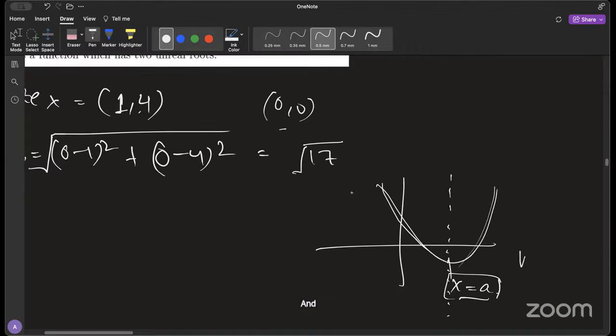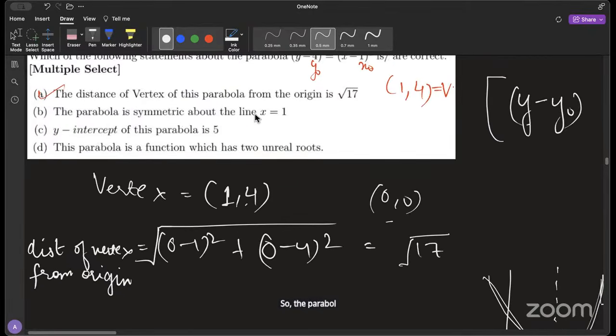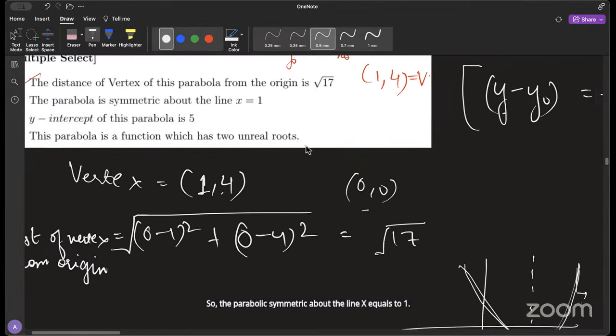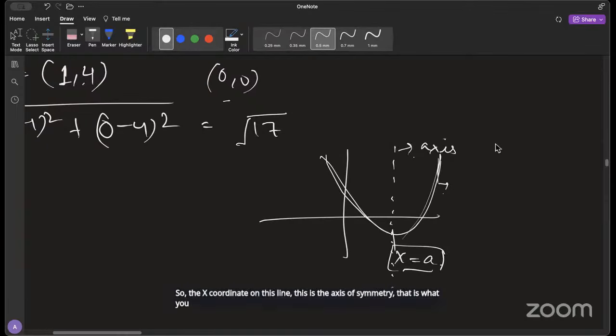And the vertex is basically the point of intersection of this quadratic function and this line x equals a. That's your vertex, right? So the parabola is symmetric about the line x equals 1. This is the axis of symmetry. That is what you've been asked in the second option.